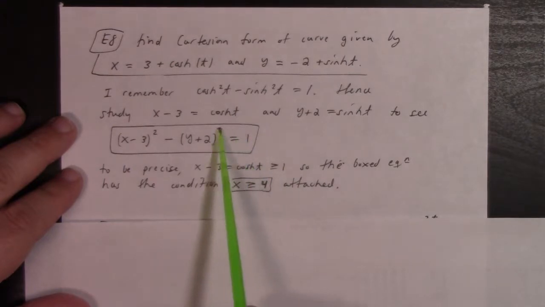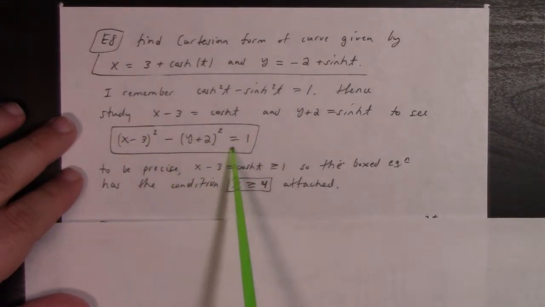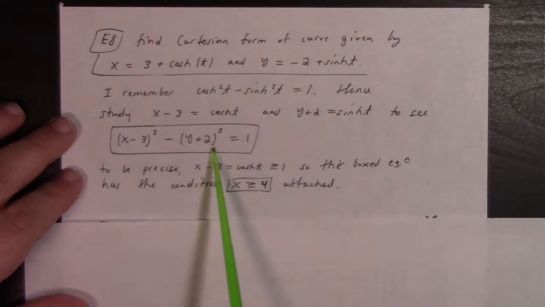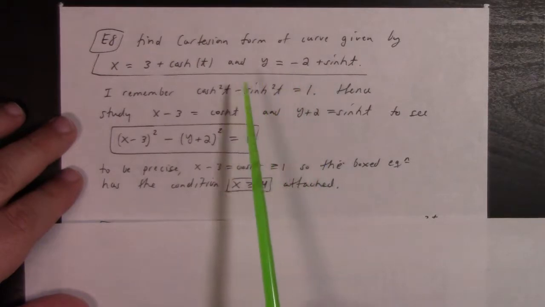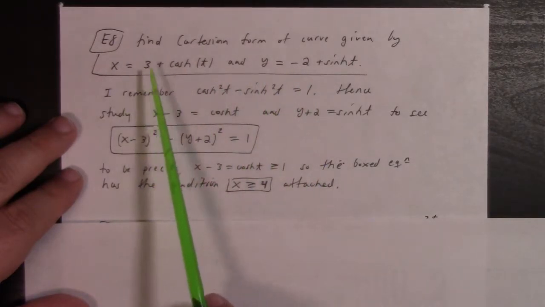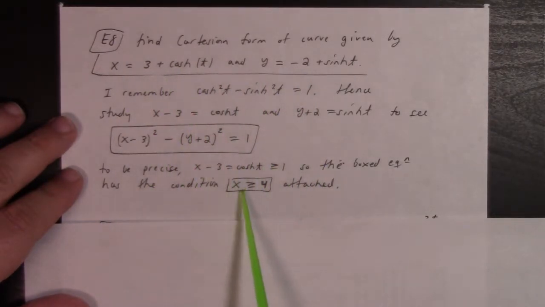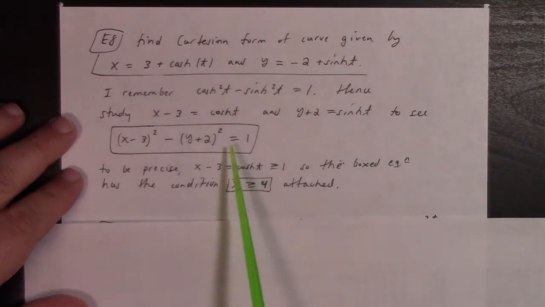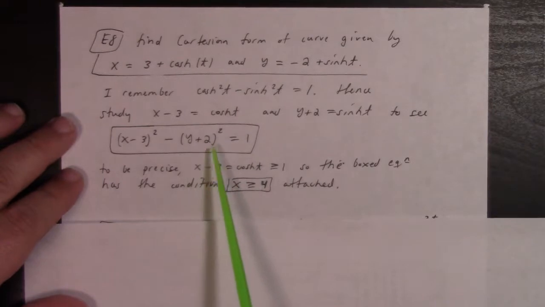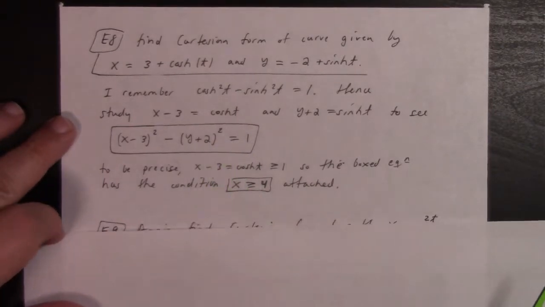And that's a hyperbola centered at (3, minus 2). But actually, when you look at the original equations, because x minus 3 is cosh t, we get x is greater than or equal to 4, which goes to show you that we're getting the right branch of this hyperbola.